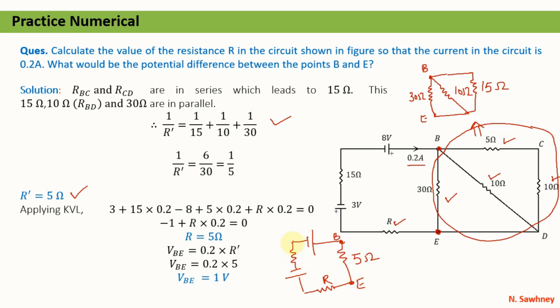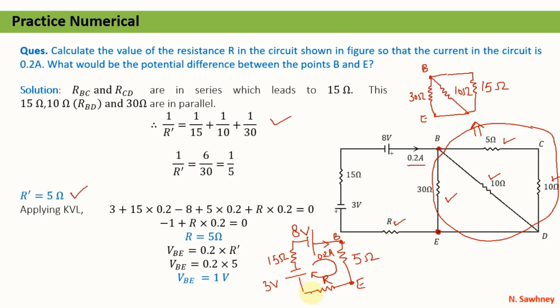After simplification of the right hand side of the circuit, this is 15 ohm as given, this is 3 volt, this is 8 volt, and the current given is 0.2 amperes. Now we can simplify the circuit by using KVL. Again the direction of the current is given, so we can move in the same direction as the current, that is the travel direction.